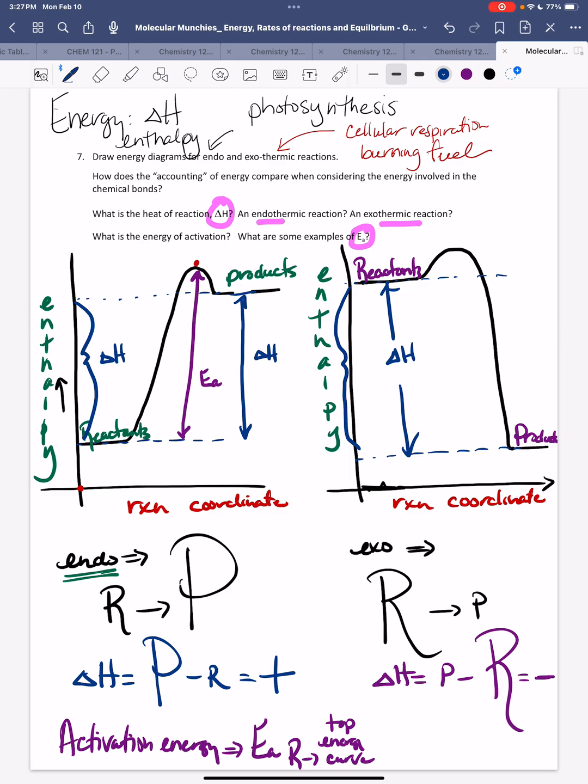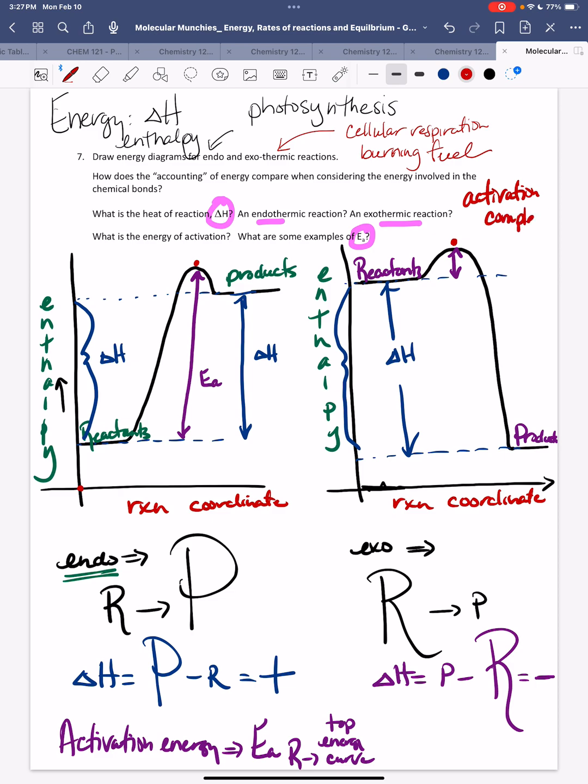This time, the activation energy is a little smaller because it's only from the reactants to the top of the curve. And basically our activated complex, our temporary high energy substance, whatever's built in the middle, is there at the top of the curve, right? So we can call this the activated complex.